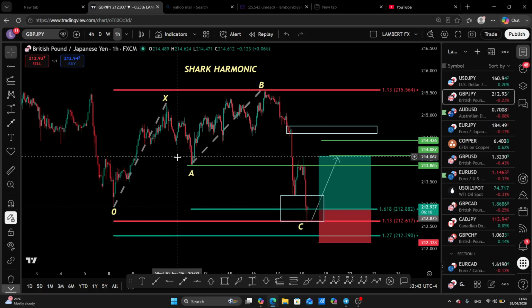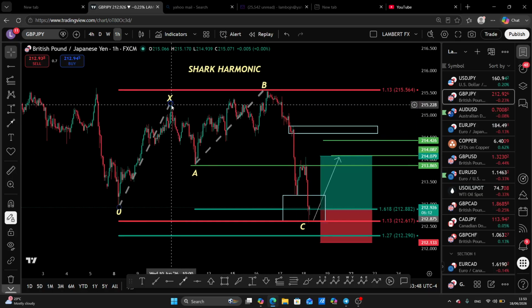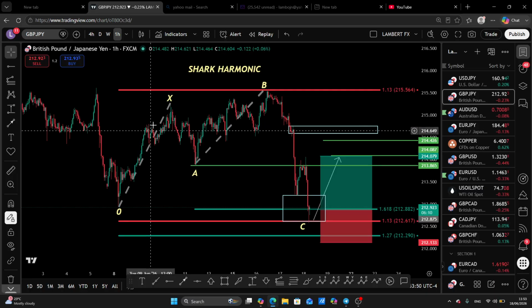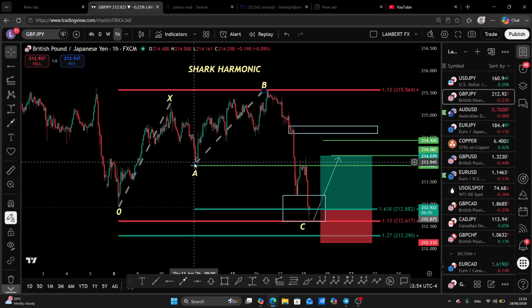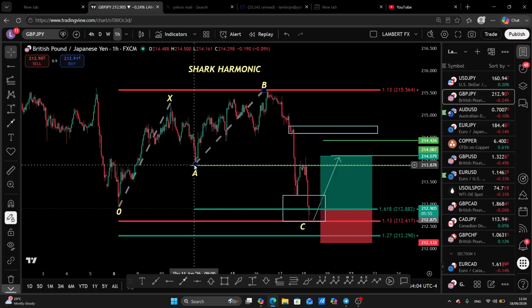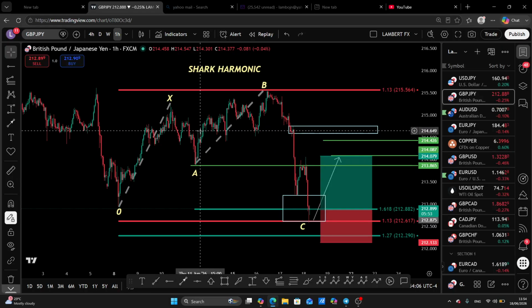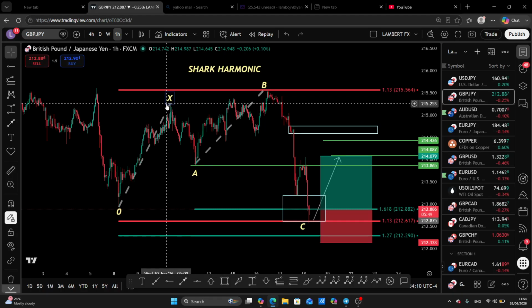All right. So the first thing that we do is when you see an impulsive leg to the upside or to the downside, and you find a retracement that did not go up to 0.786, and then following that you see a retracement that broke above the previous high or previous low.